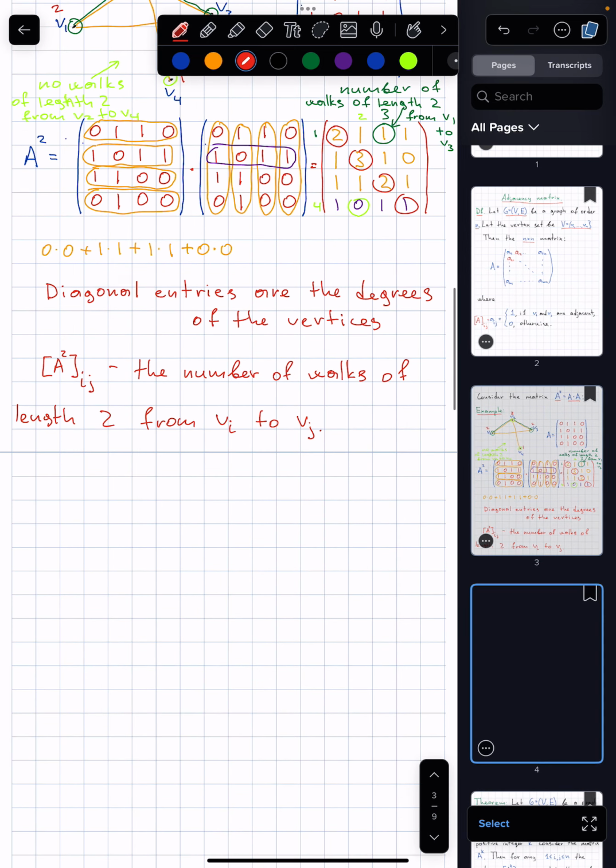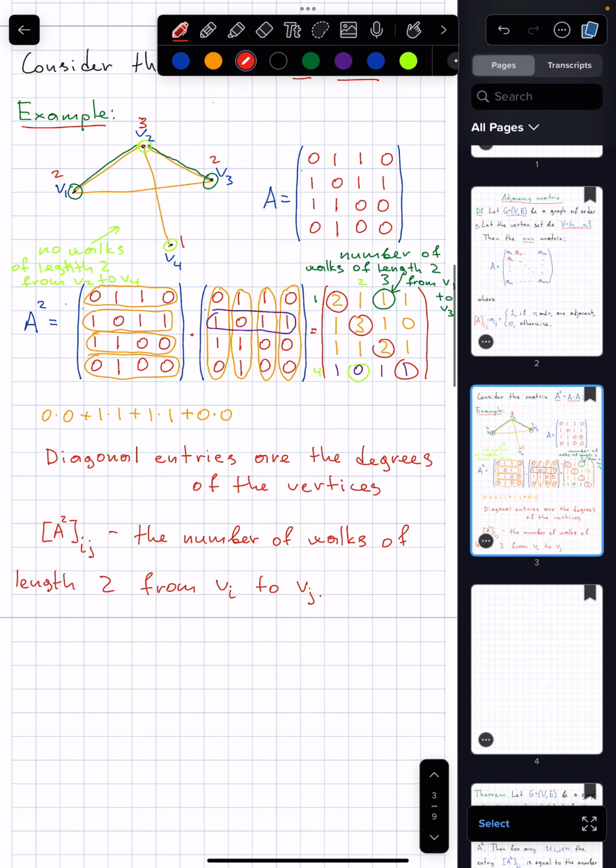So here is our graph. Let me draw the graph one more time, something like this, with vertices V1, V2, V3, V4.